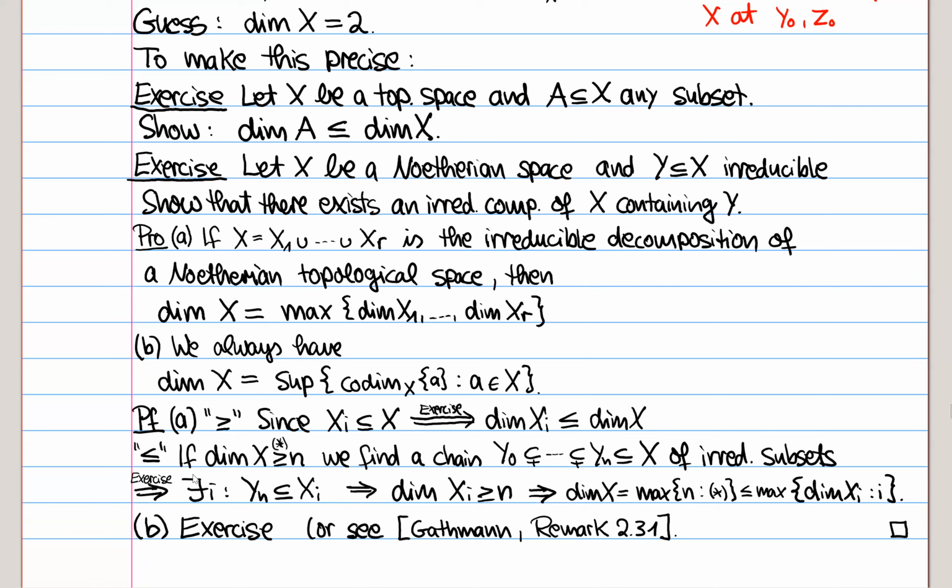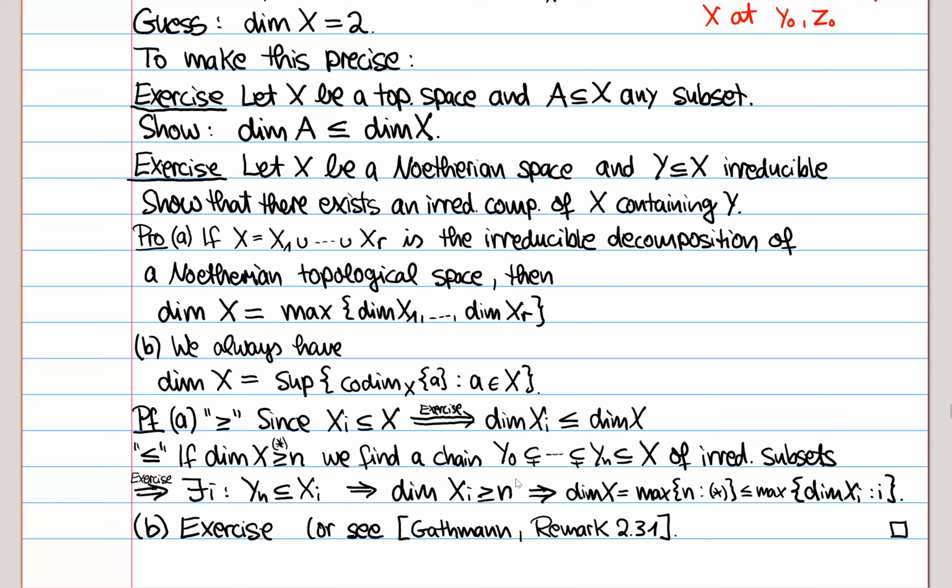And then the other direction, here we have to be a bit careful. So bear with me for a second, because we want to formulate a proof which works even if the dimension of X happens to be infinite. And then we need to be a bit careful. So let's say the dimension of X was at least n for some n. Then this was the supremum of all chains of irreducible subsets.